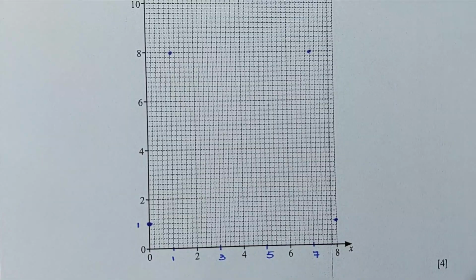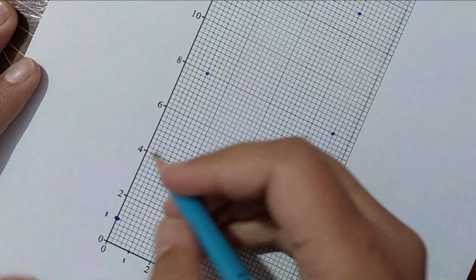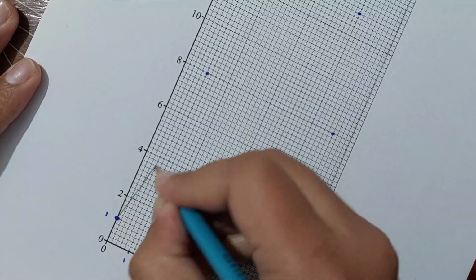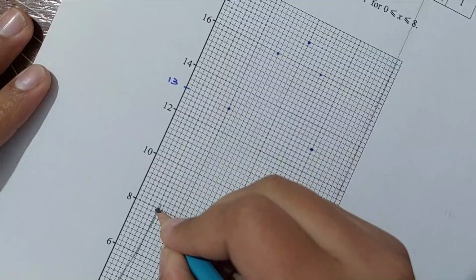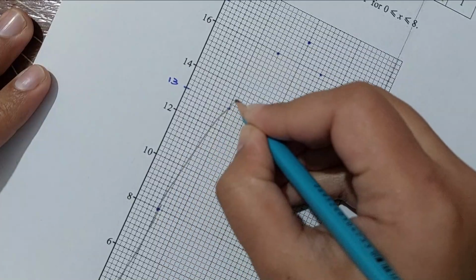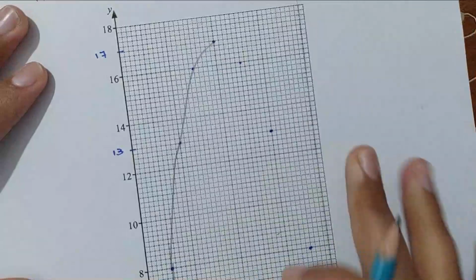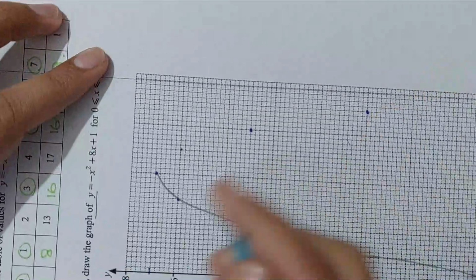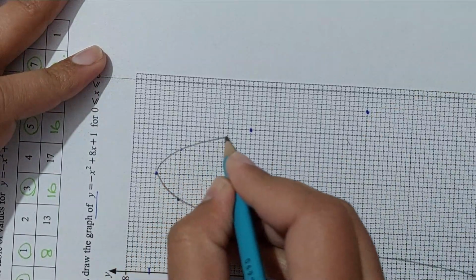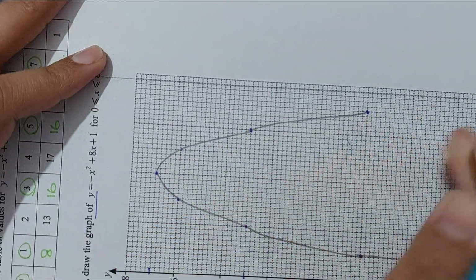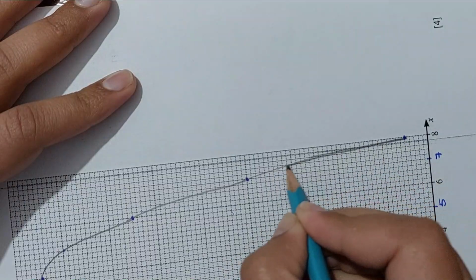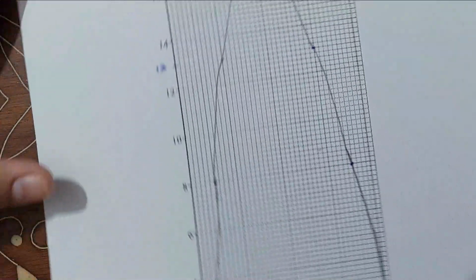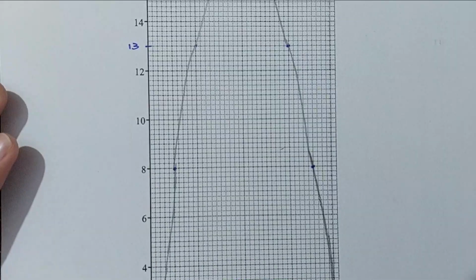Okay, let me sketch this graph. It's a parabola. That is the parabola.